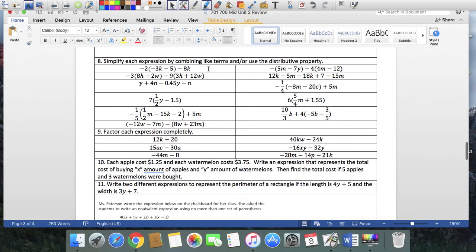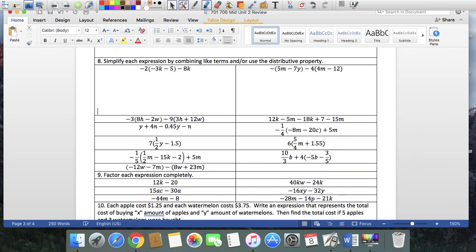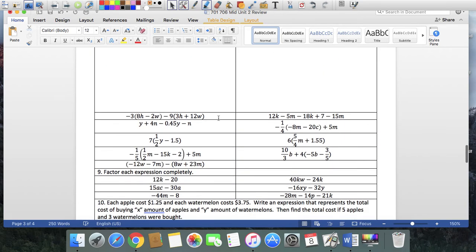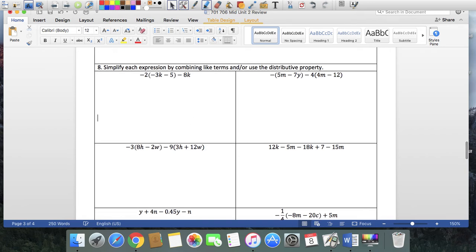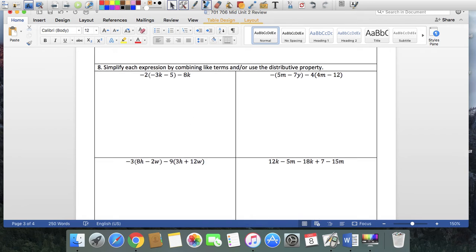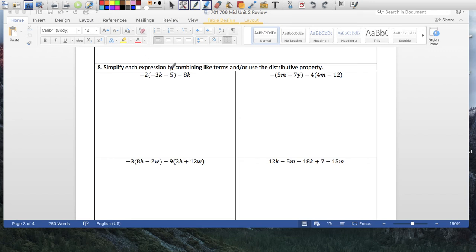So now this says use combine like terms, use the distributive property if needed. For this one, I can't combine like terms yet because there is a distributive property to do first. Negative times a negative is a positive, and 2 times 3k is 6k. Negative 2 times negative 5 is positive, and 2 times 5 is 10, and then minus 8k that's sticking around in the back.